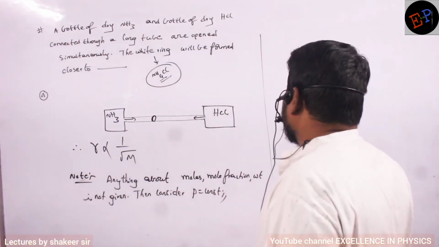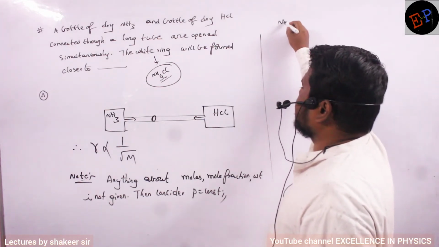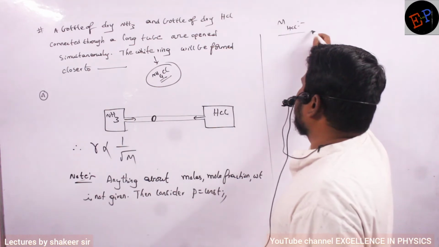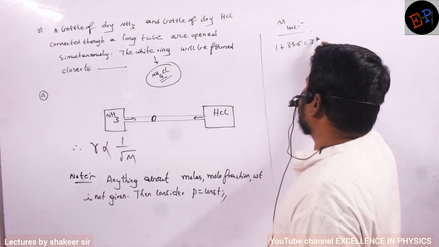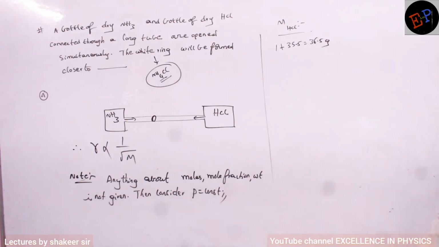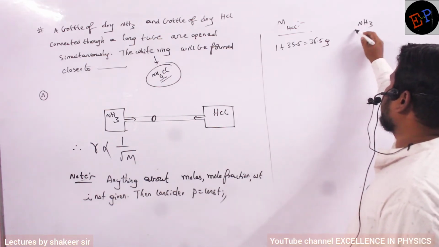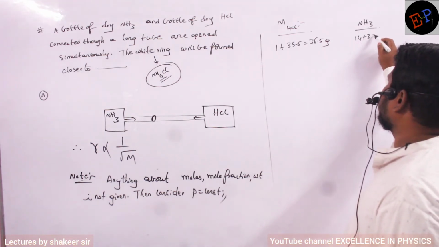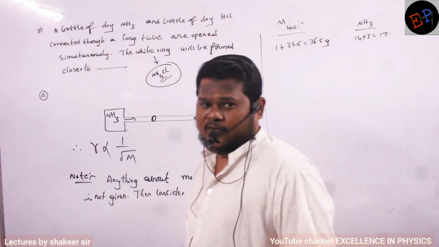Now, what is the molecular mass of HCl? Hydrogen is 1, chlorine is 35.5, so total 36.5 grams for 1 mole. This is the molecular mass. Similarly, the other one, NH3. Nitrogen 14 plus 3, how much? 17. So therefore, which mass is greater?